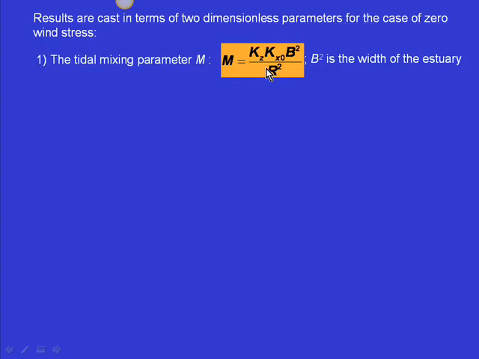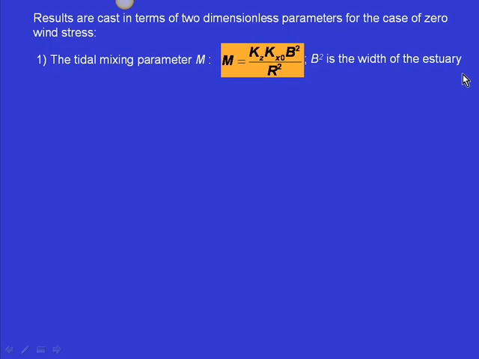The first parameter is the tidal mixing parameter, and that's that ratio there, where K_z would be, what is K_z? You said the vertical eddy diffusivity of salt. K_x0 is the horizontal diffusivity of salt at the river.